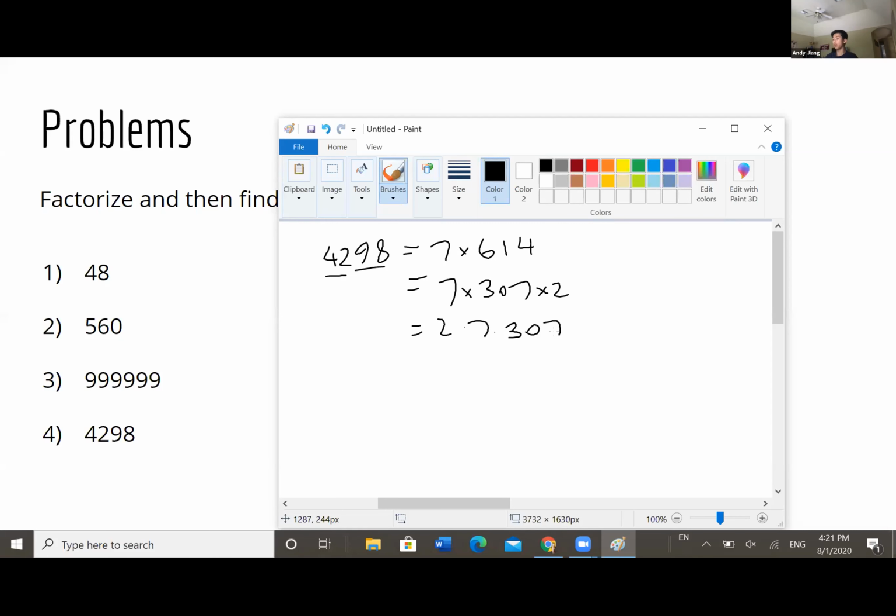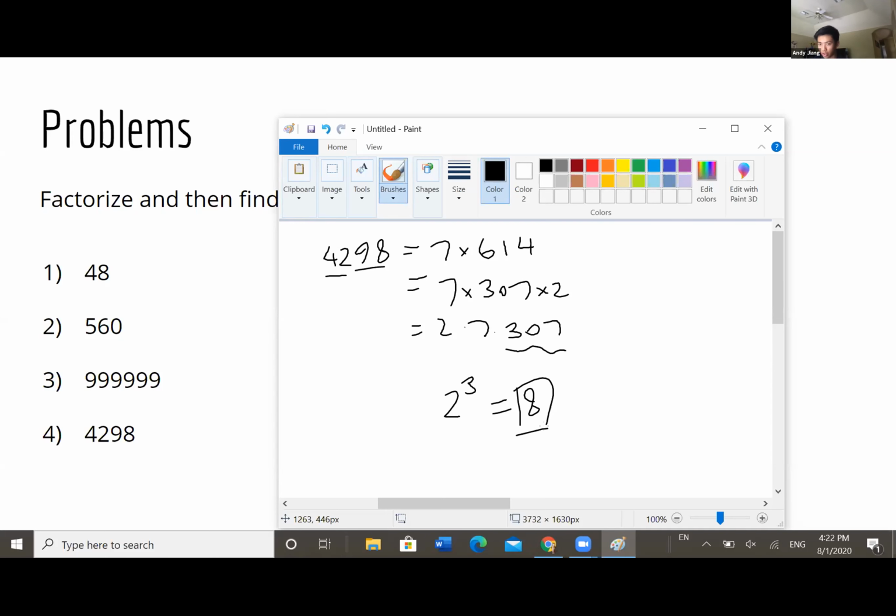All right, so that's my final factorization after checking that this is prime, which it is. And in this case, if I add 1 to all the exponents, I just get 2 cubed. So 4298 has 2 cubed factors, which is 8 factors. Are there any questions about that?